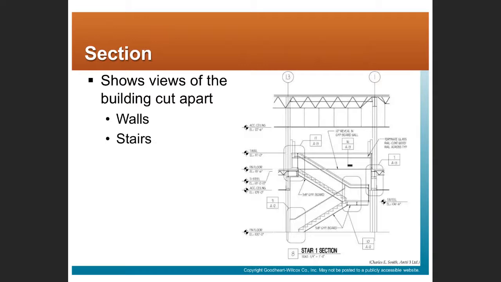Right, a section shows, as it says, the building cut apart, so we can see more detail about features that we would have difficulty understanding if we were looking strictly at a floor plan. Again, I'm guessing these are column line designations, column 1 and 1.3.